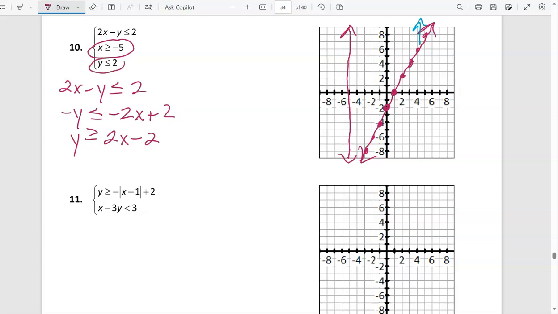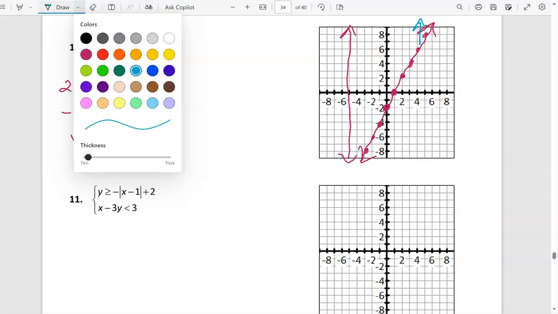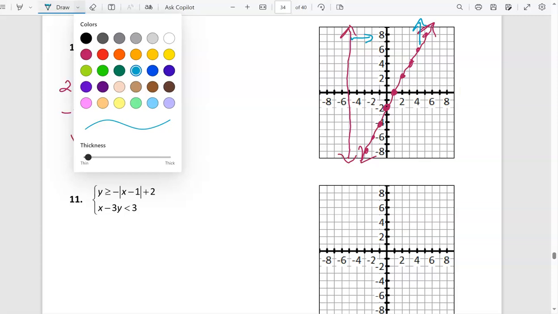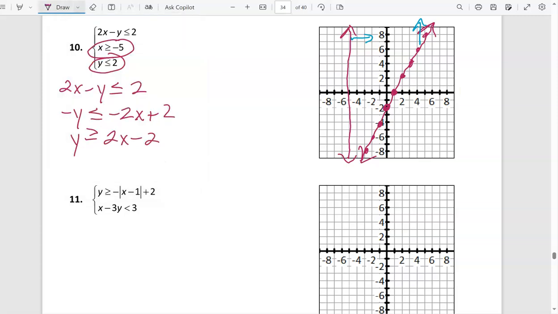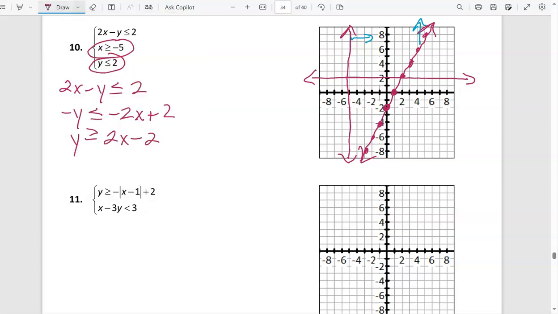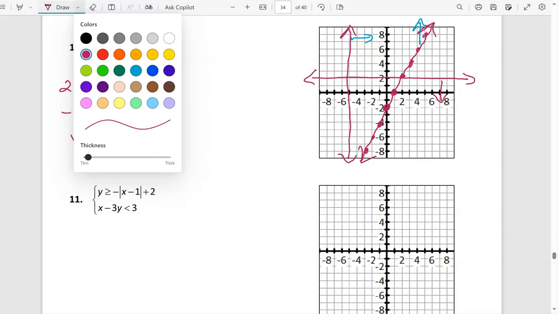And by the way, we're going to shade on the right side of that since x is greater than, the greater x values can be found to the right. And then the last boundary line here is y is less than or equal to 2. Y equals 2 is a horizontal line. And since that's less than, we'll find y values that are below.